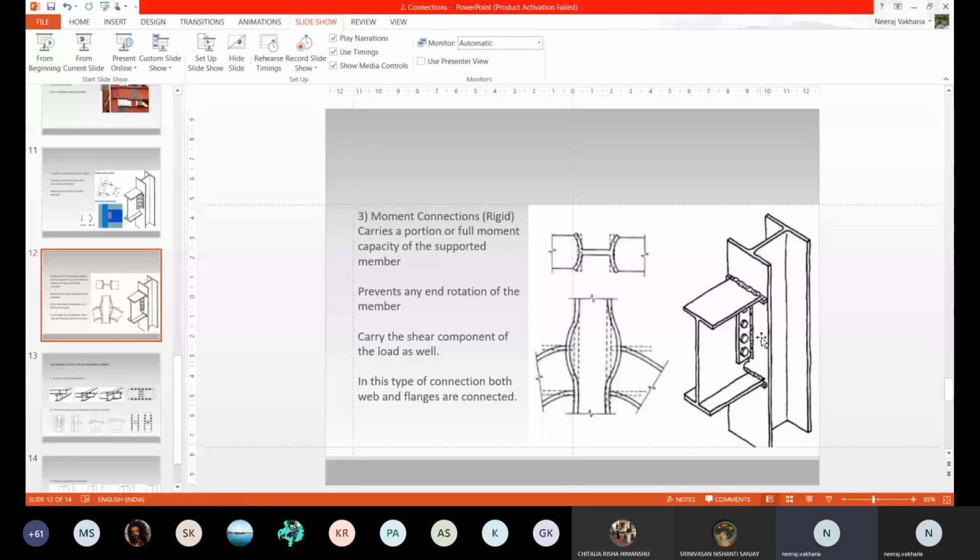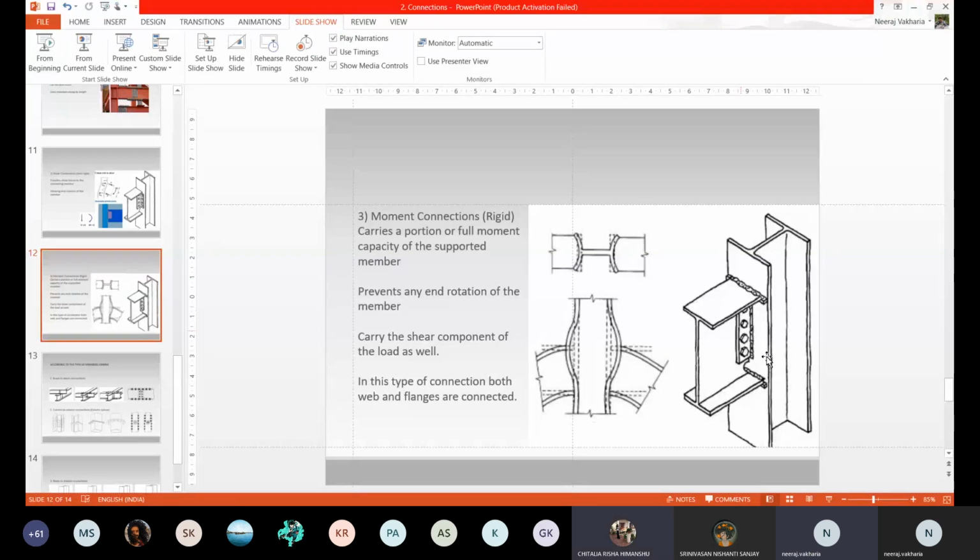I hope you're talking about this image, where you can see both the things. Here the beam is connected with its web to the column via this cleat, which is bolted, and the top portion is welded. I think I made you confused with this image. I might have used something other, but still okay, no issue.